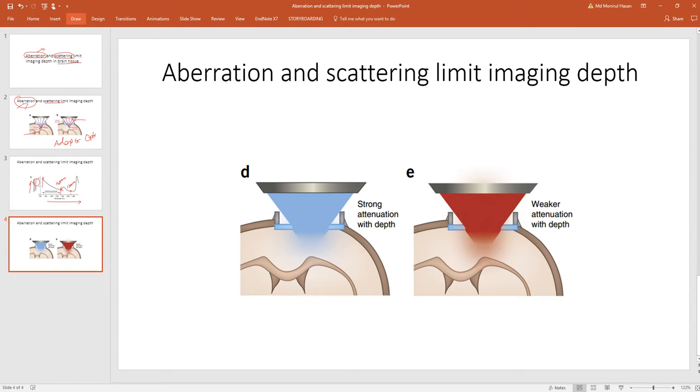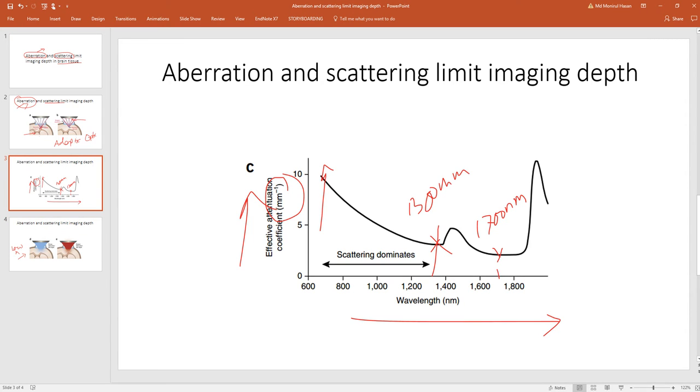If we send the light with low wavelength, so this is for low wavelength. So for low wavelength, low lambda, as we know from the previous graph, say for example, low lambda, we are sending light around like 800 nanometer wavelength.